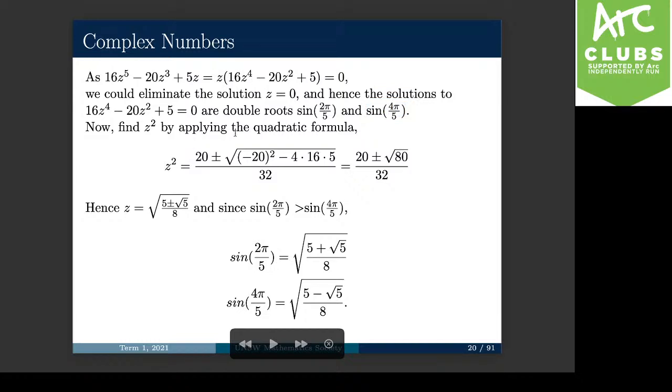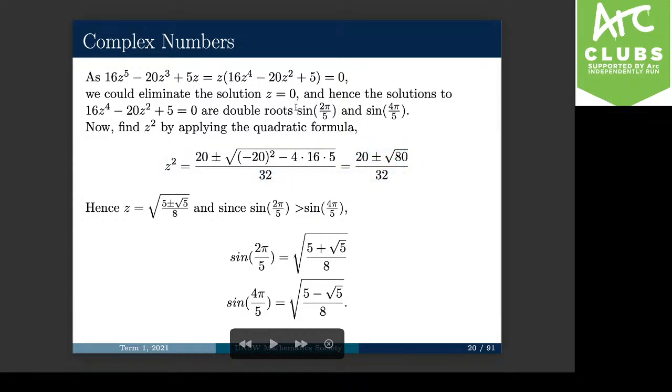And yeah, it will just be 20 plus minus the square root of b squared, so minus 20 squared, minus 4 times c, which is 5, and then a is 16 over 32, and you get z squared over here.